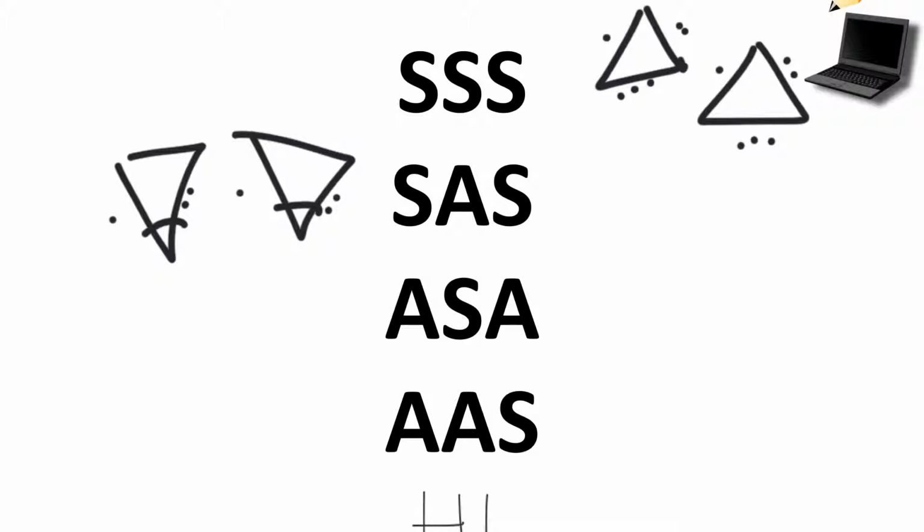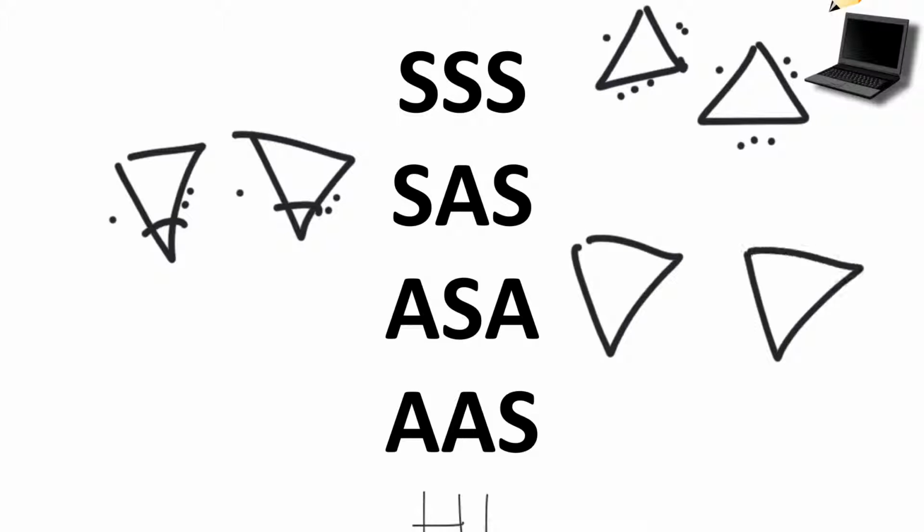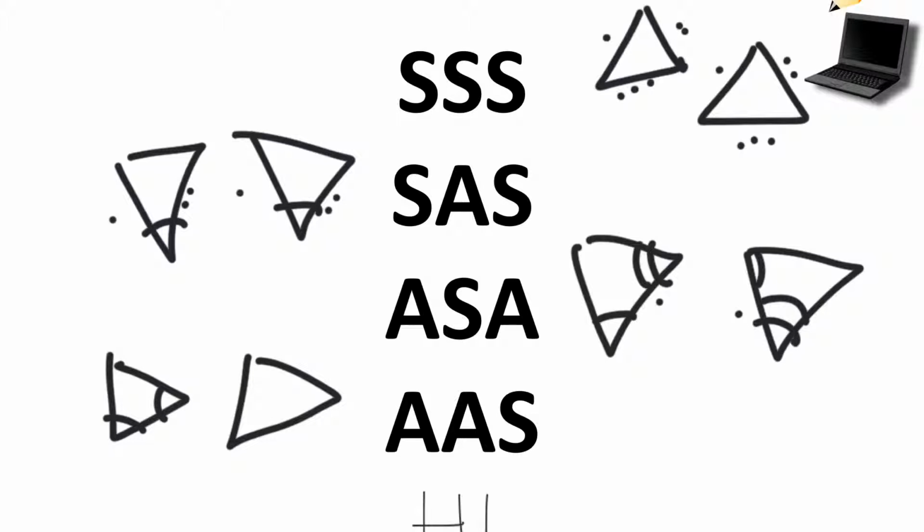There's ASA, where you know an angle, a side, and an angle. There's angle, angle, side. And last one, there's hypotenuse, leg. That one you can only use when you have a right triangle.